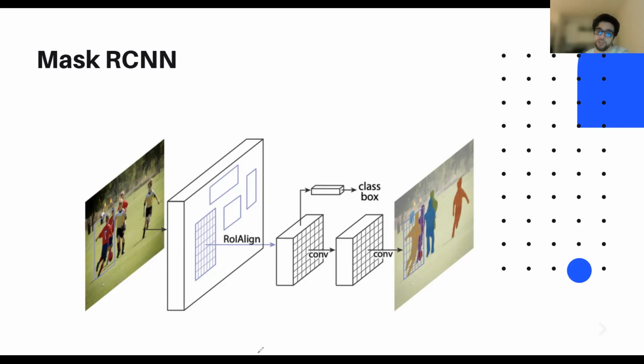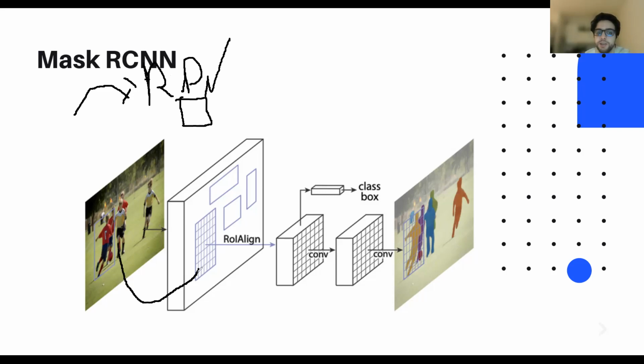So simply what it's going to do is take an image. Of course, you already know that this image is sent through a region proposal network. Then we send the whole image through the CNN, and we take the regions of interest and find their mapping inside the feature map.